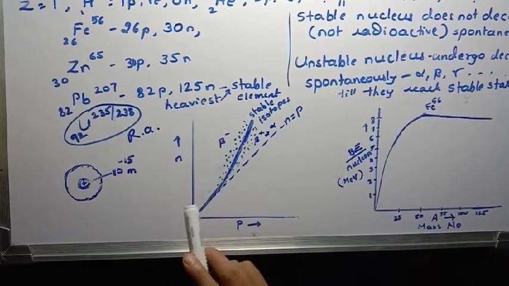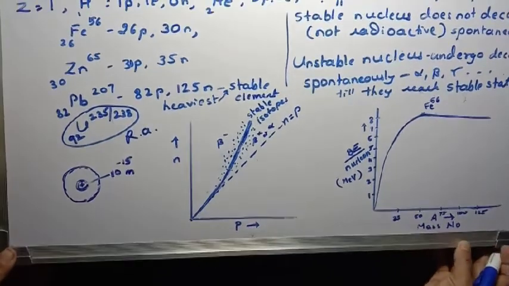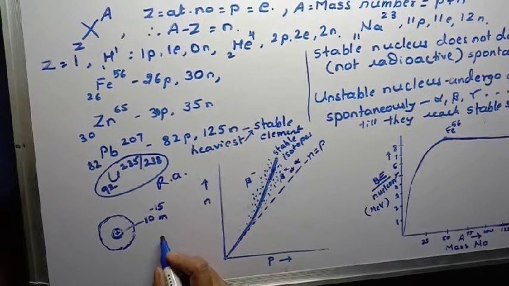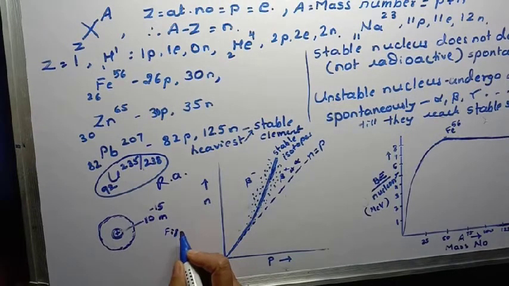Okay, so now the stability or instability of the nucleus can be explained on the basis of two factors. One is the N by P ratio. This figure indicates the N by P ratio.